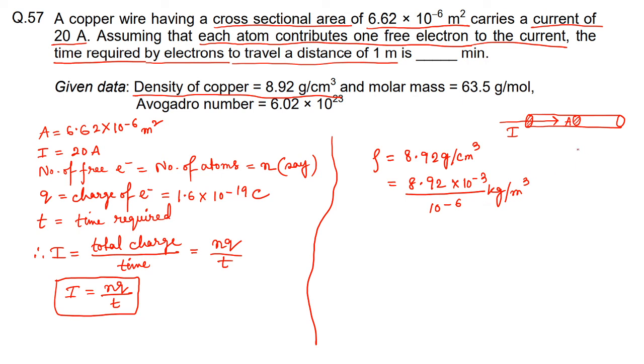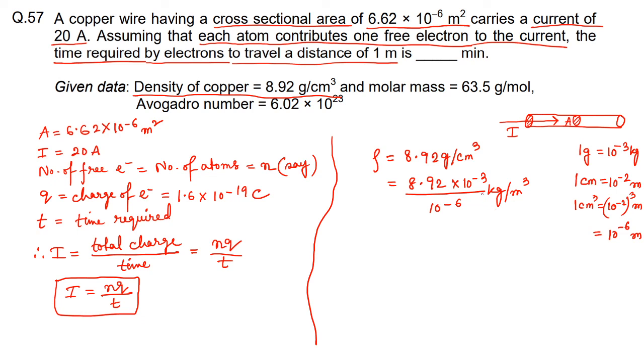Why? Because we know 1 kg is equal to 1000 gram, or 1 gram equals 10 to the power minus 3 kg. And similarly, 1 centimeter is equal to 10 to the power minus 2 meter, so 1 centimeter cube is equal to 10 to the power minus 2 cubed meter, that is 10 to the power minus 6 meter cube.